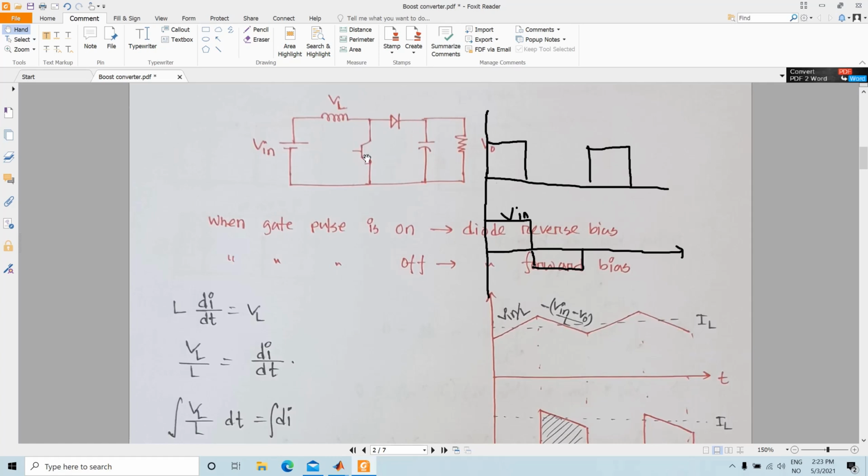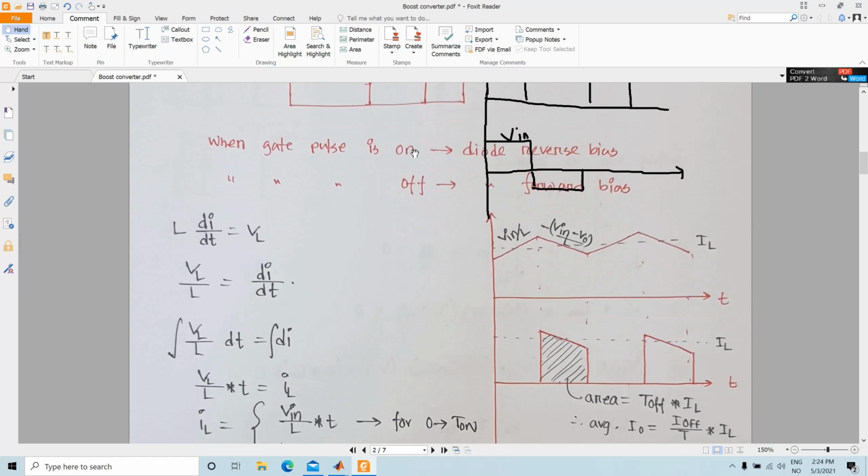Whereas when this switch is off, that means during the off time, there will be no current flowing through the switch, whereas the current flowing through the diode will be the same as the inductor current. Okay, and like this.